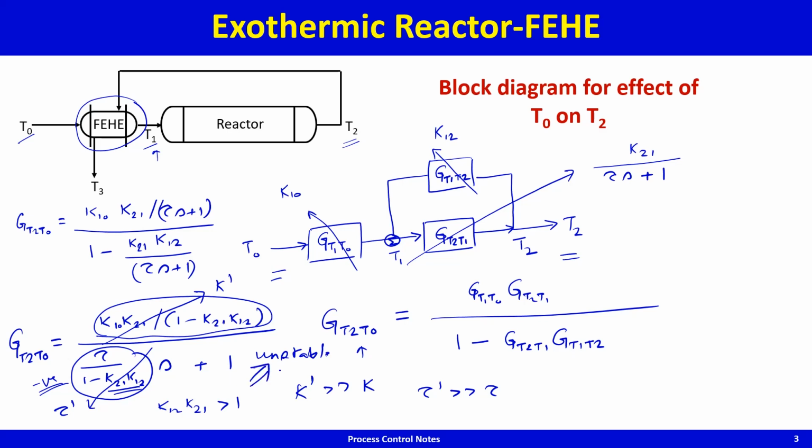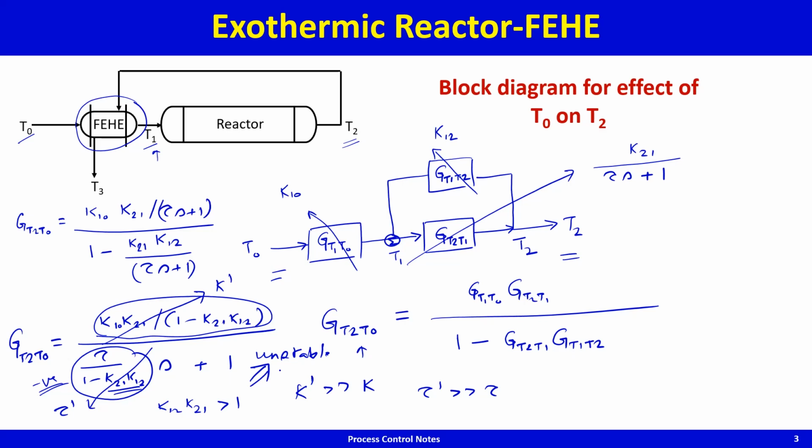So thus the recycle of energy through the feed effluent heat exchanger causes the gain of the system to be significantly larger, significantly slows down the dynamics because the time constant is again significantly larger, and if the product of the gains K21 K12 is greater than 1, it also results in instability.